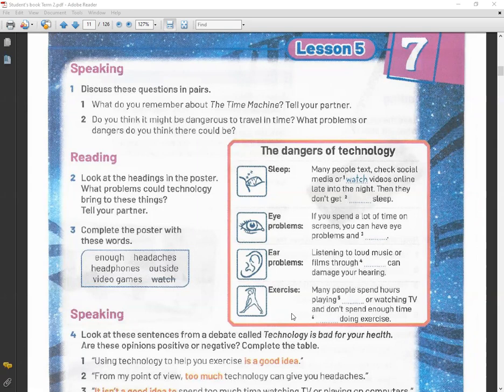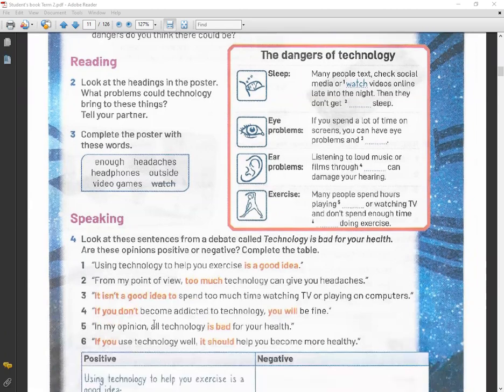The last one, exercise. Many people spend hours playing video games or watching TV and don't spend enough time outside doing exercise. That's right.